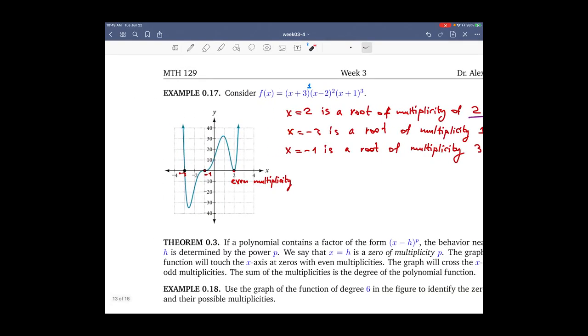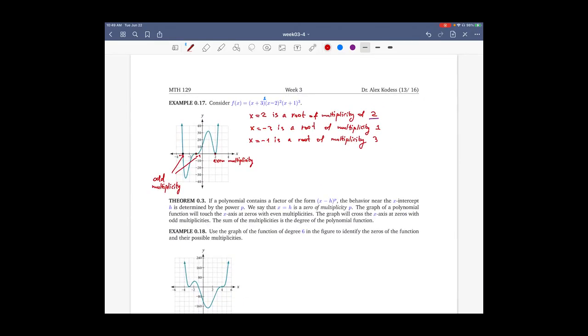The roots -1 and -3 are both of odd multiplicity. Namely, -3 is a root of multiplicity 1, and 1 is an odd number. And -1 is a root of multiplicity 3, and 3 is an odd number.